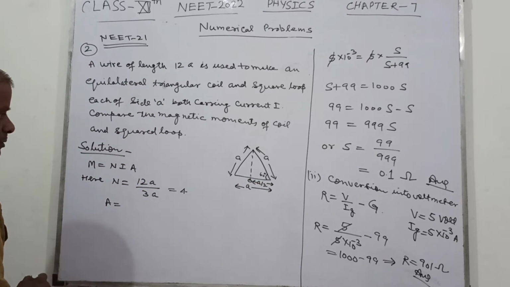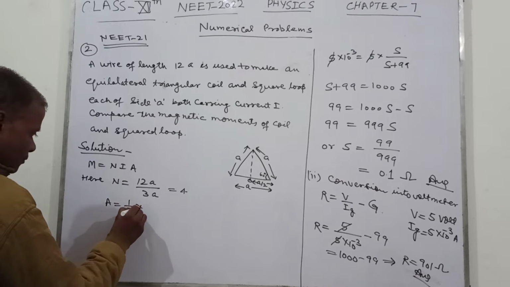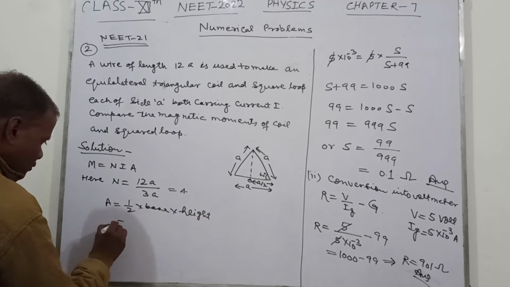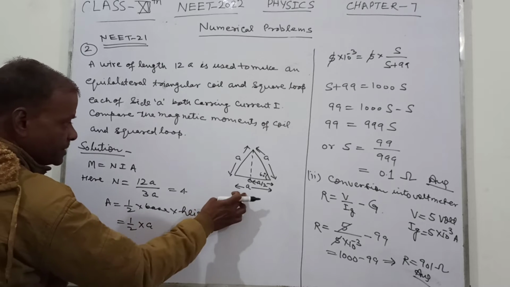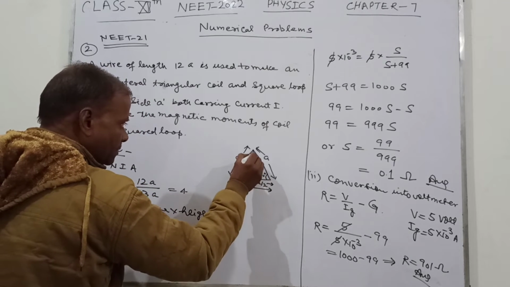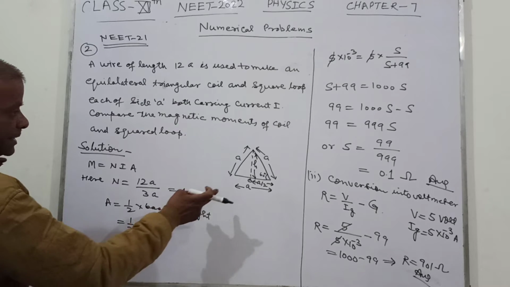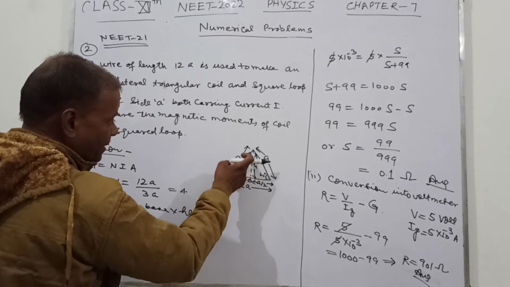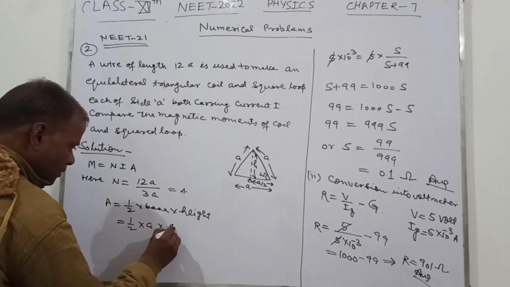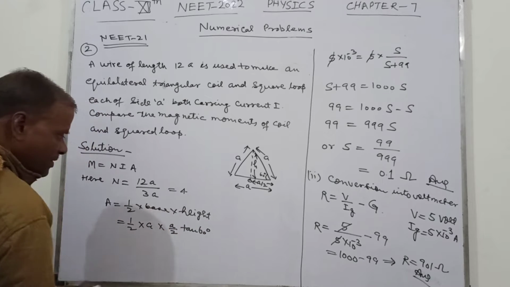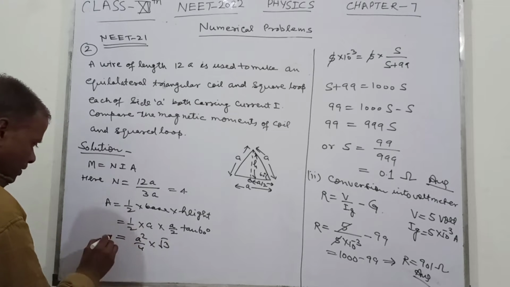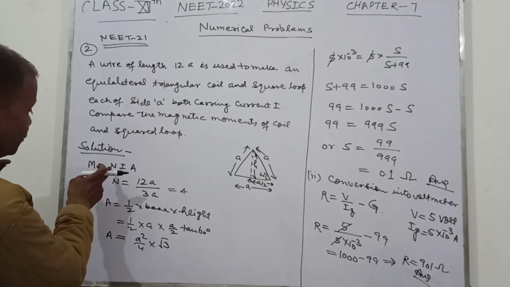So area is 1 by 2 into base into height. The base is equal to A, and the height, perpendicular upon the base, is A by 2 into tan 60, so the area is A square upon 4 into root 3. This is now the area. So now we put this value here.